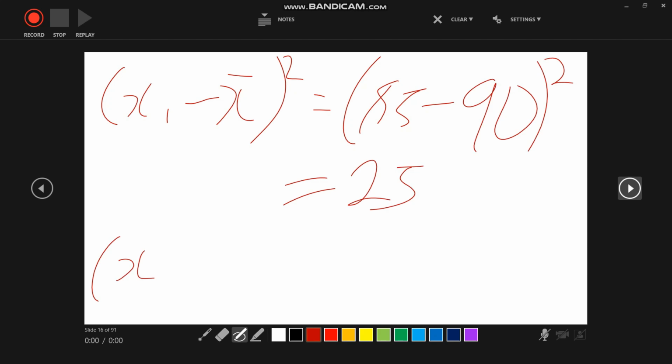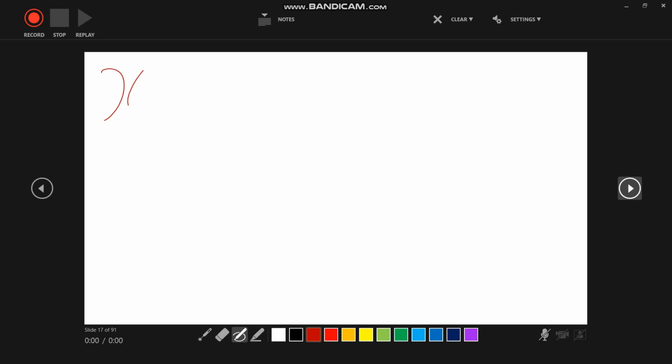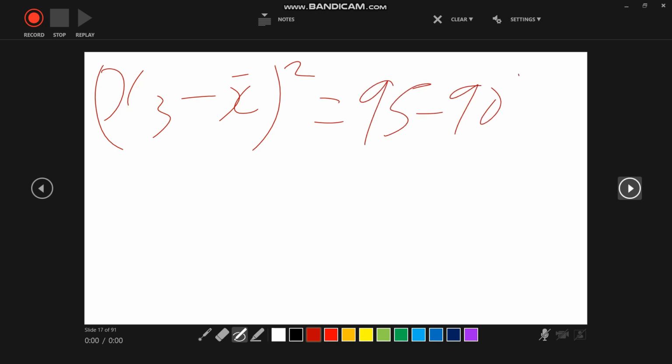Then x2 minus x bar squared: our x2 is 90 minus 90 squared, and this will give us 0. And the last one, x3 minus x bar squared: 95 minus 90, squared, gives us 25.